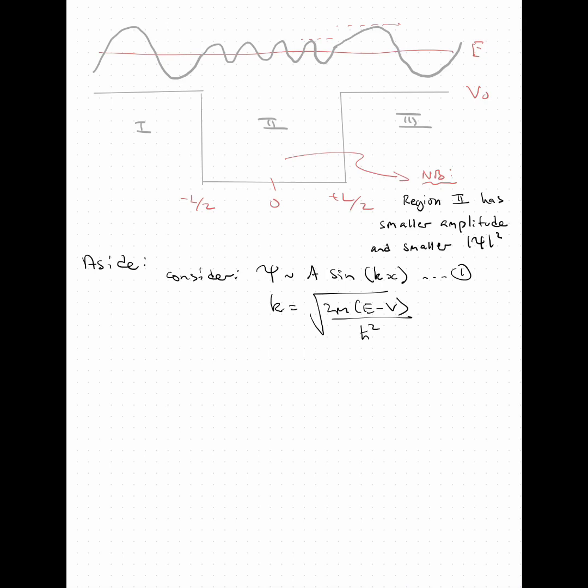So let's change this to k naught to keep the conventions the same. And let's, for fun, take a derivative with respect to x, just to see what's going to happen. Let's call this equation 2.